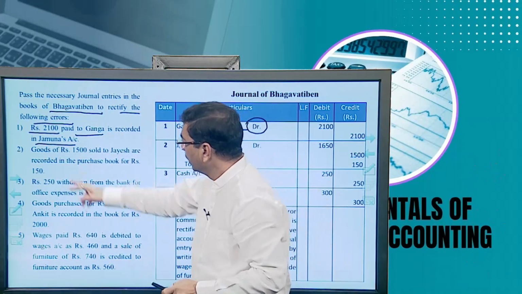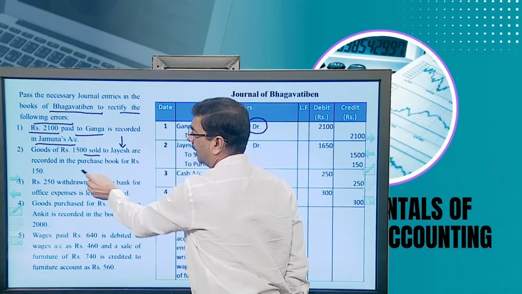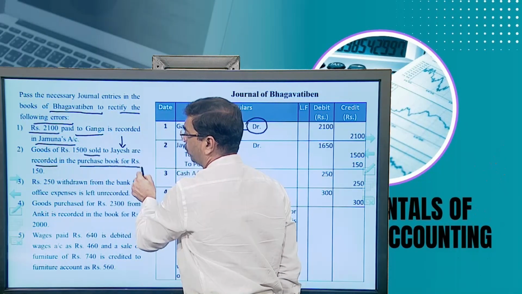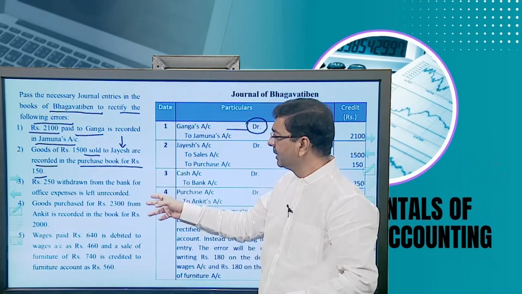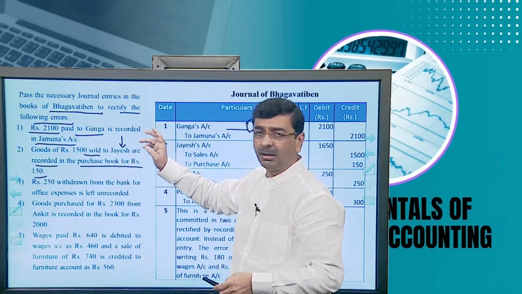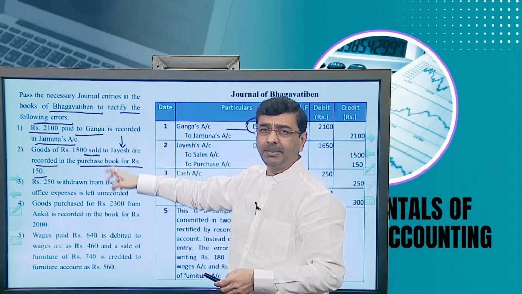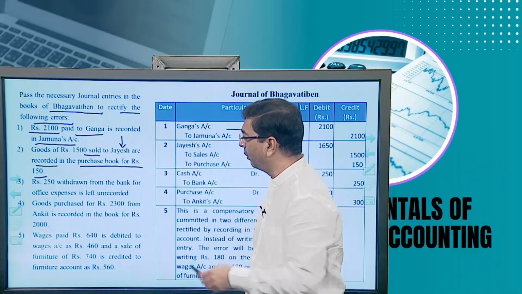Next, goods of rupees 1500 sold to Jayesh are recorded in the purchase book for 150. So there are two errors. One is that the amount is wrong. Simultaneously, it is recorded in the wrong book also. Now how will it be rectified?